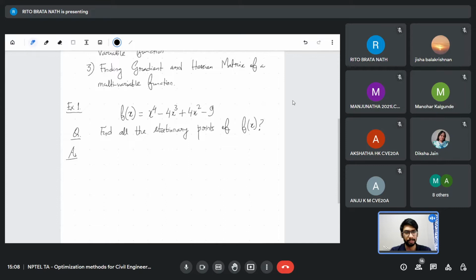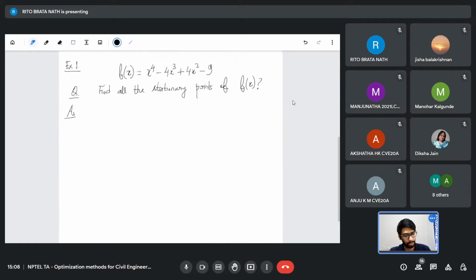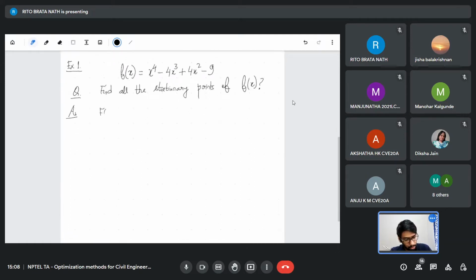So yeah, thanks, Manohar. As Manohar mentioned, we need to find the first derivative. So what we have is the first order necessary condition, which I'll write down. This is also helpful while finding your maxima and minima, so that's why I'm writing down this condition.